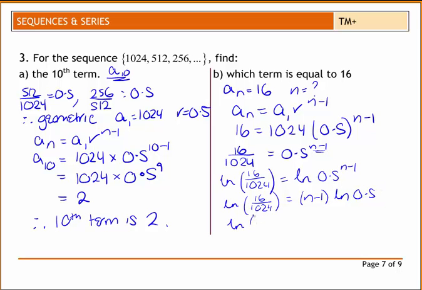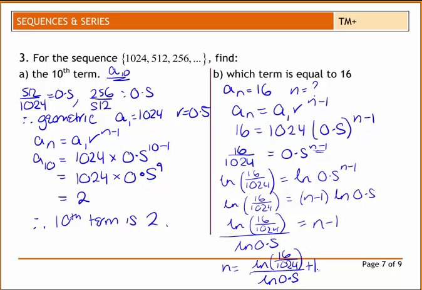Dividing both sides by ln of 0.5 gives n minus 1. So n is ln of 16 over 1024 divided by ln of 0.5, plus 1. Plug that into your calculator and you get 7. You'd have to finish with the therefore statement. I don't have enough room, so therefore the 7th term is equal to 16.